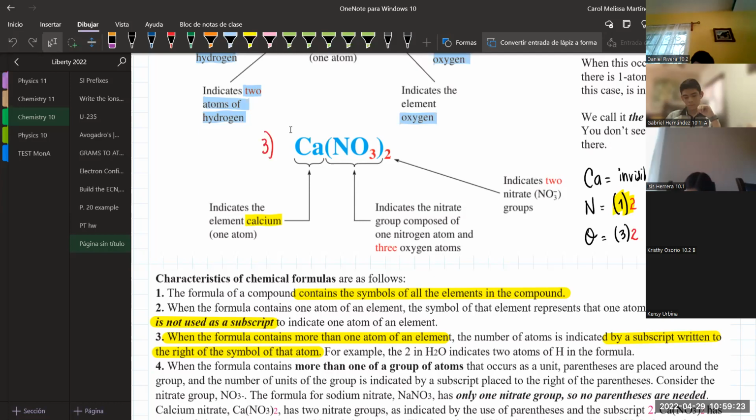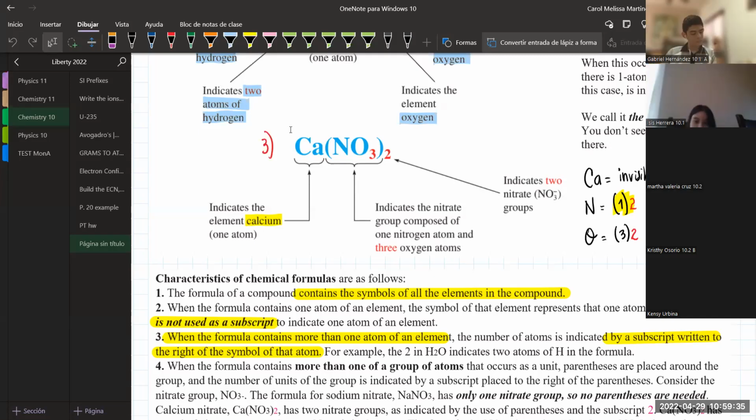And then in the last one, like we did in the third example, when the formula contains more than one group of atoms, then parentheses are placed around the group.